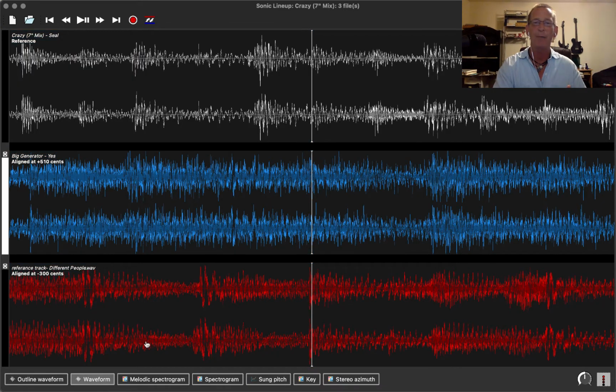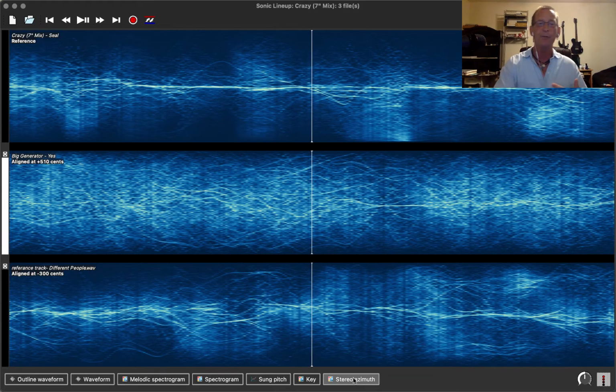Anytime you're looking at any type of a waveform, you look at this small area right there, and you start looking at a stereo azimuth, what is actually happening there? Does that make sense? And when they start weaving in and out of the stereo field, this is one instrument, bro, and it's weaving all the way out here in the stereo field before it dies back in. Why would that happen? Does that make sense?